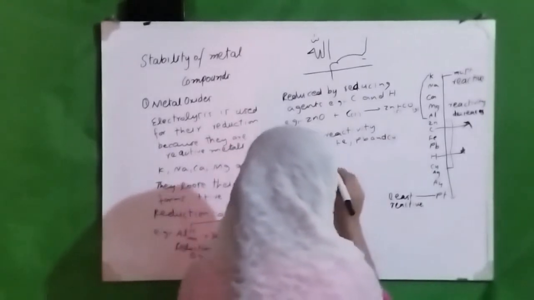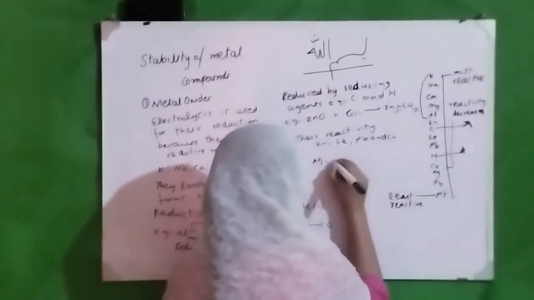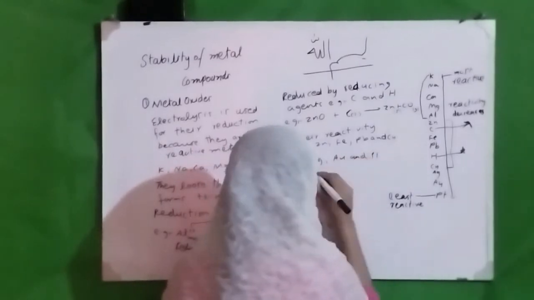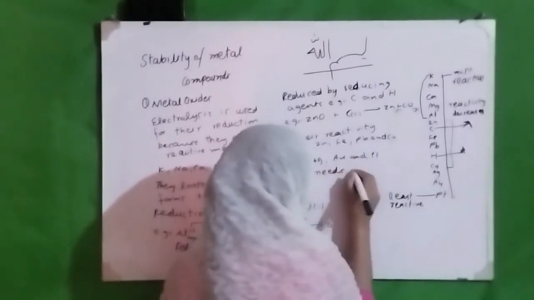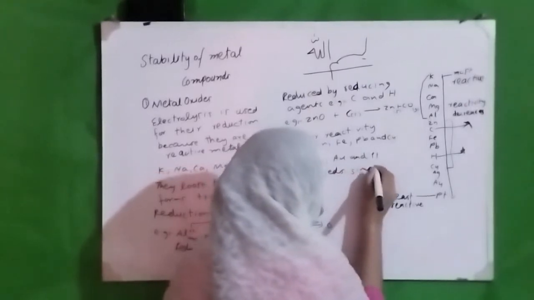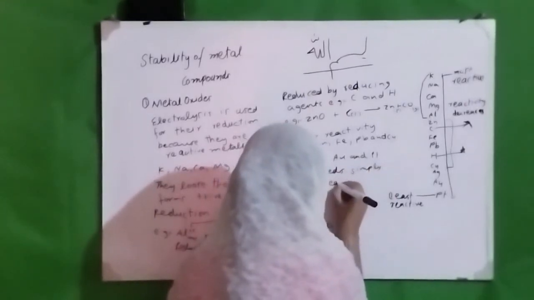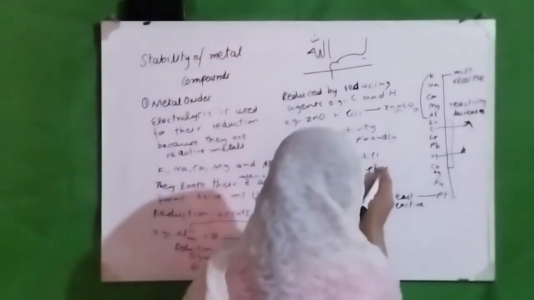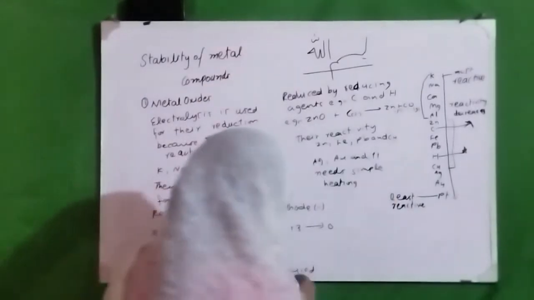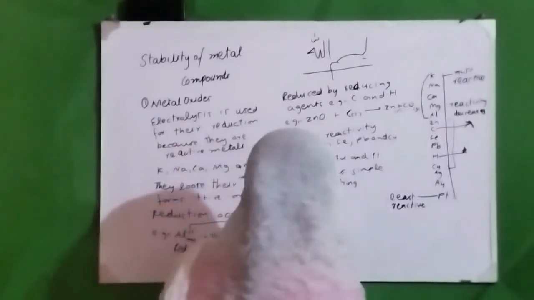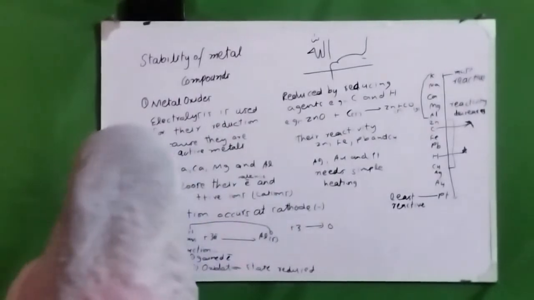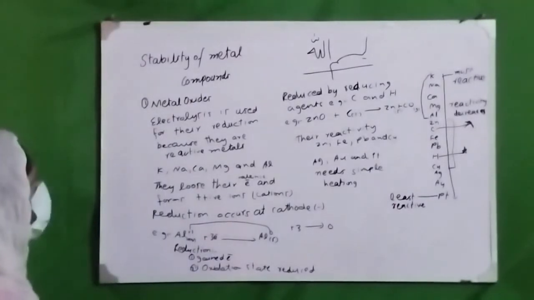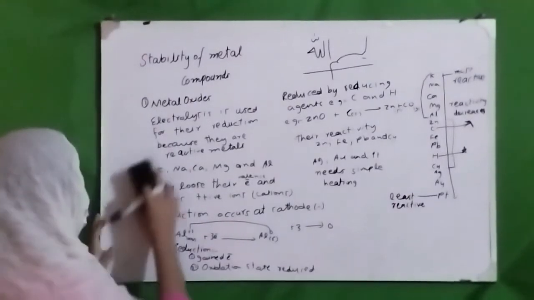And the oxides of silver, gold and platinum need only simple heating, and they decompose to their respective products. So it was all about metal oxides decomposition.